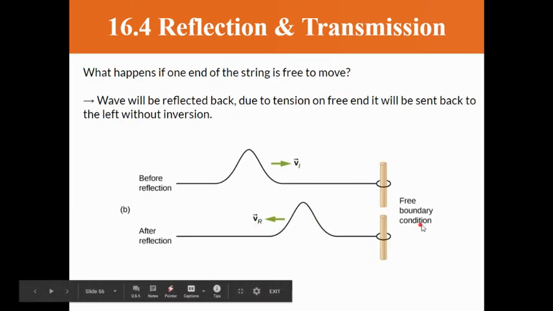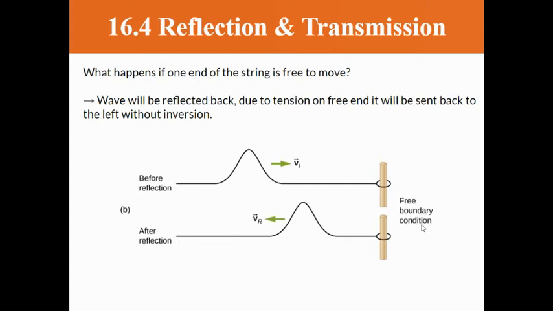Now, what happens if we don't have one end stuck to a firm wall? What if we actually just have one end that's being held by a loop, by a ring on a pole? So the ring is still keeping tension, so you still have a taut string to send the pulse through, but now this ring is free to move around as the wave reaches it.